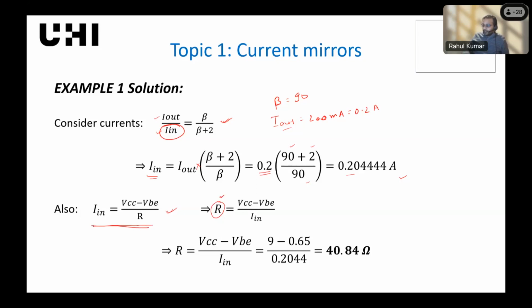Now, in this calculation, I have used VBE to be 0.65. In exams, you can use any value, 0.6, 0.65, or 0.7. So any value between 0.6 to 0.7 will be correct.